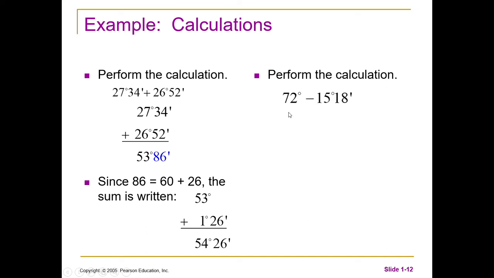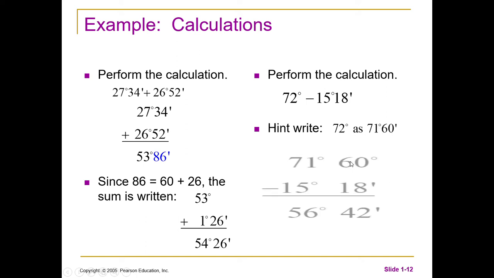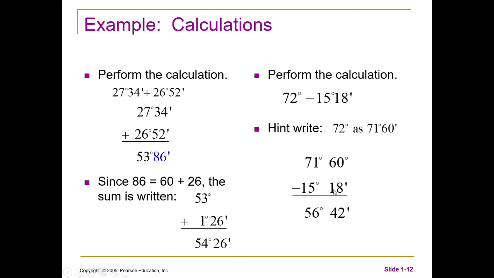Next, ayan, 72 degrees minus 15 degrees, 18 minutes. So, magbabawas tayo. So, pwede naman to, di ba? Yung 72 degrees, pwedeng 71 degrees, 60 minutes. Pag kinuha natin yan, 42, 6, and this one is 56. So, 56 degrees and 42 minutes. Kasi kinuha natin isa dito, kasi this is 72, pwede maging 71 degrees and 60 minutes.